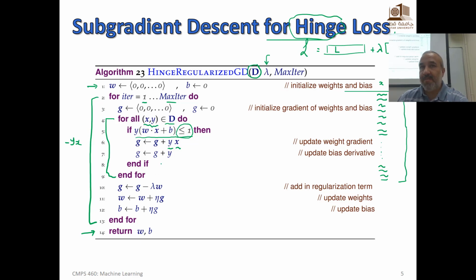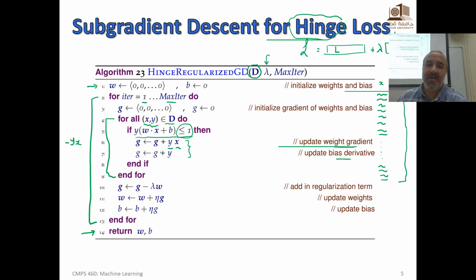Is that clear? So now let's look back to the pseudocode. If y hat is less than or equal to 1, we will compute the gradients. So lines 6 and 7 are accumulating the gradients. Line 6 is updating the gradient for the weight, and line 7 is updating the gradient for the bias.